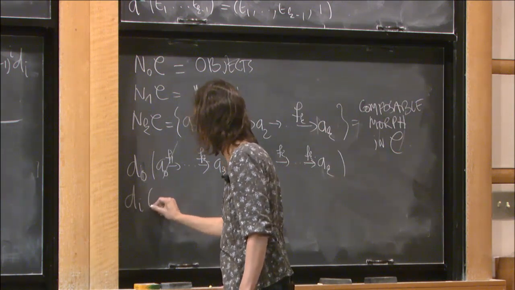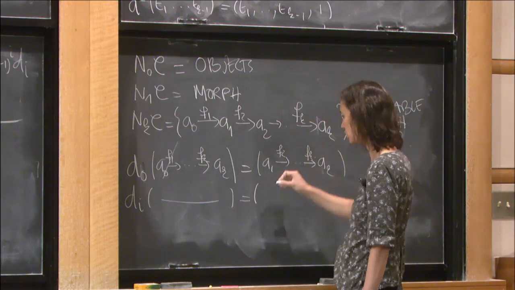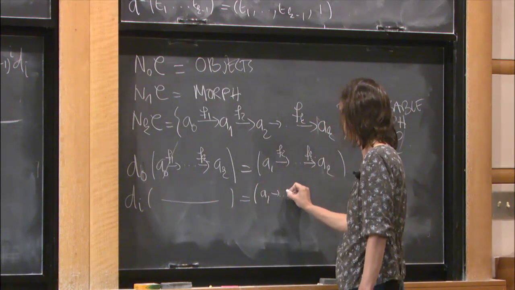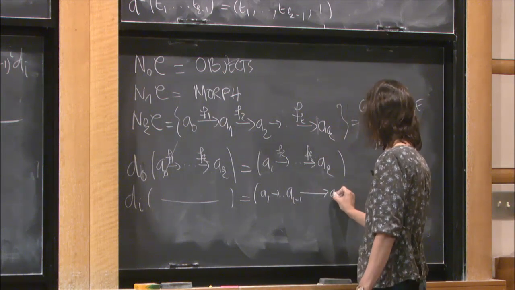d_i of something like this is composition at the i-th position. I get to A_{i-1}, and then I go up to A_{i+1}.